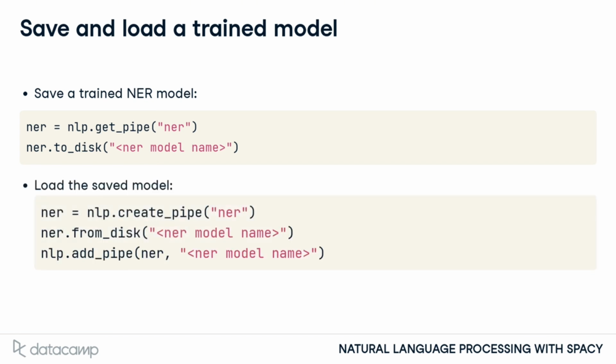Later, we load a spaCy model and create a blank NER component by using the nlp.create_pipe method. Then, we load the trained NER model from the disk by using the ner.from_disk method on the created NER component. Lastly, we add the loaded NER component to the pipeline by calling the nlp.add_pipe method and passing a name for the NER model, such as ner.